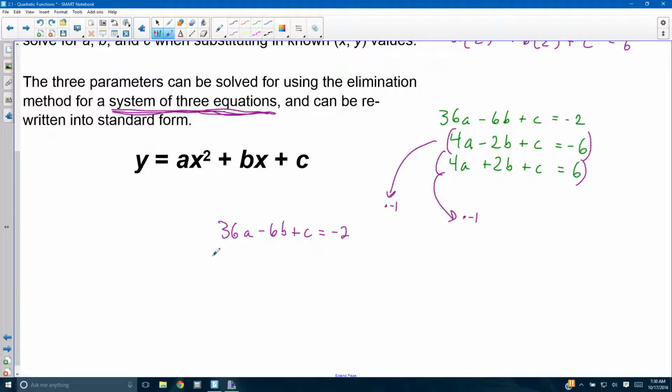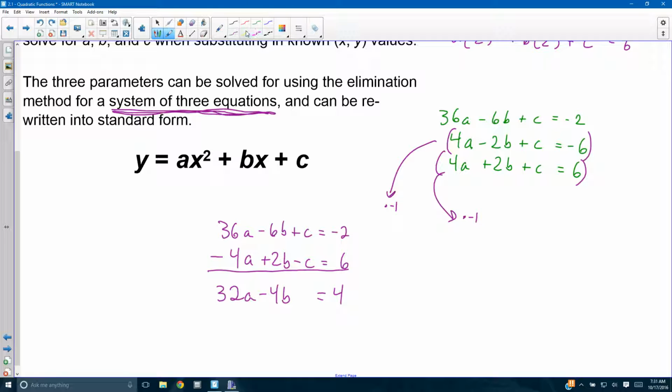If I multiply this one by -1, I get -4a plus 2b minus c equals positive 6. And now when I add down the line here, notice 36a minus 4a is 32a. -6b plus 2b is -4b. c minus c is 0. And -2 plus 6 is 4.